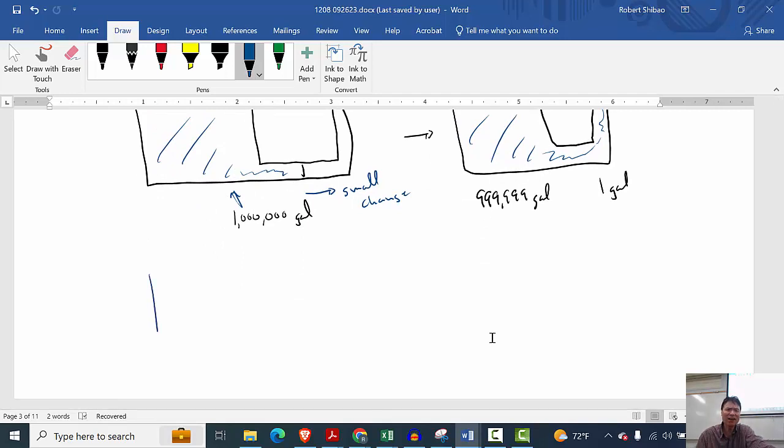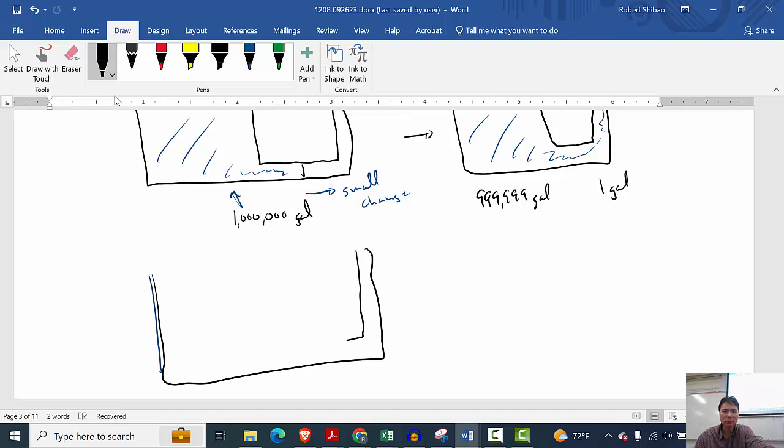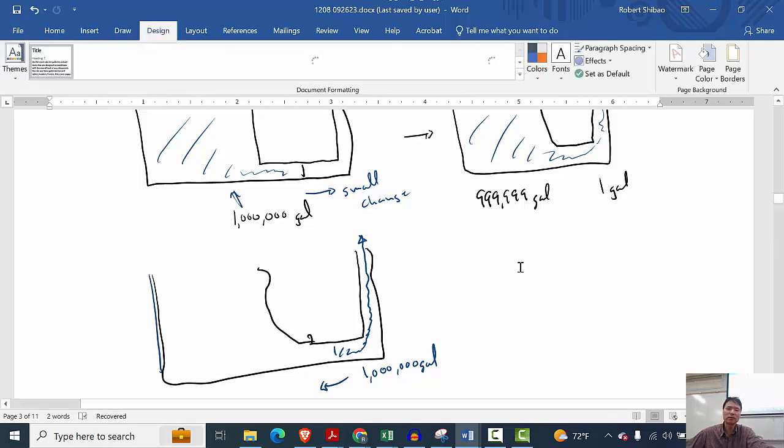But what if I did the opposite? What if I put all 1 million gallons on the right side of this? So I put all 1 million gallons over here, and the left side's empty. And so what we're going to have is a very large change here.